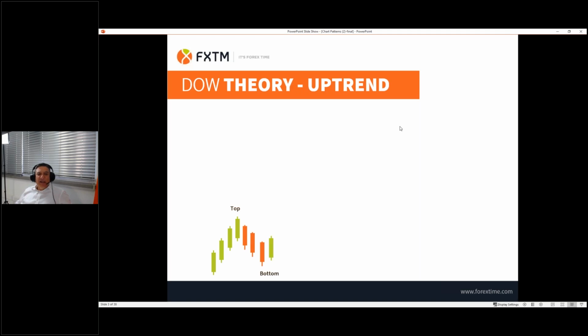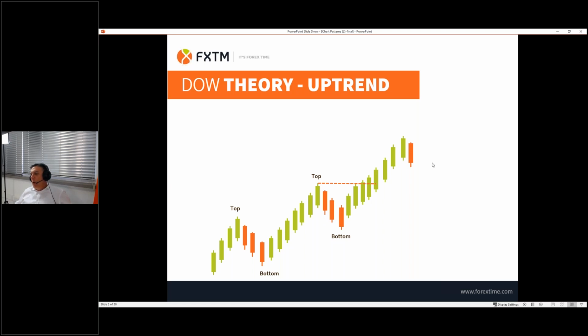So Dow theory, let's remind ourselves that when we identify, when we spot higher tops and higher bottoms, then what we have on our screen is an uptrend.